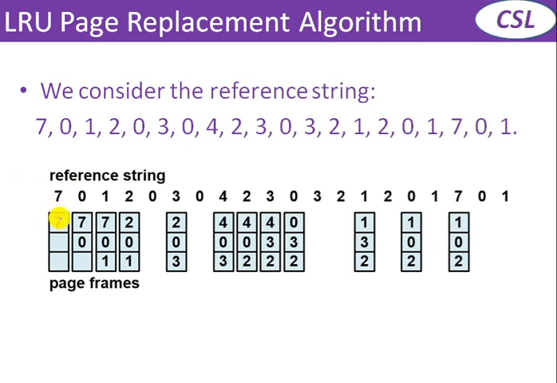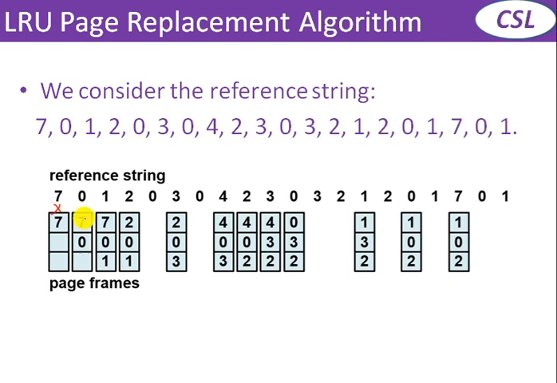The first page in the reference string is 7. Initially it is empty, so there is no page; it is a page fault, and 7 is filled as the first page frame. This is called a miss.